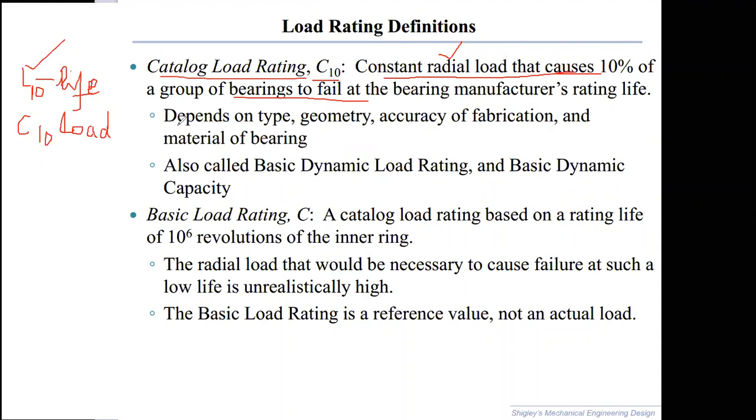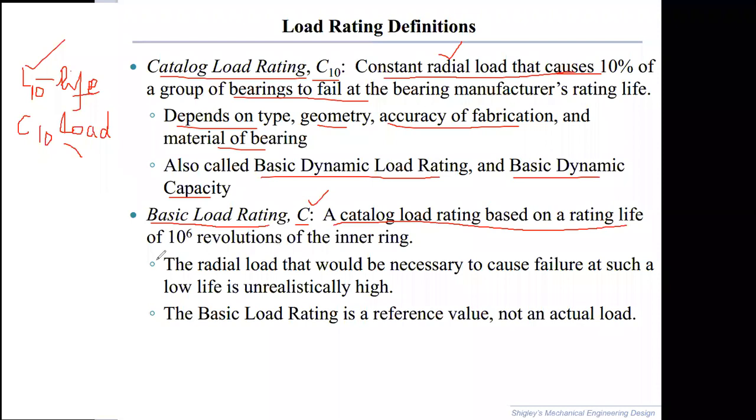And again, it depends on the type of the bearing, the geometry, the accuracy of fabrication, and the material of the bearing. We also call this C10 the basic dynamic load rating, or the basic dynamic capacity of the bearing. There is another term that we use, known as the basic load rating. What is the basic load rating? That is denoted by C, a catalog load rating based on the rating life of 10 to the 6 revolutions of the inner ring.